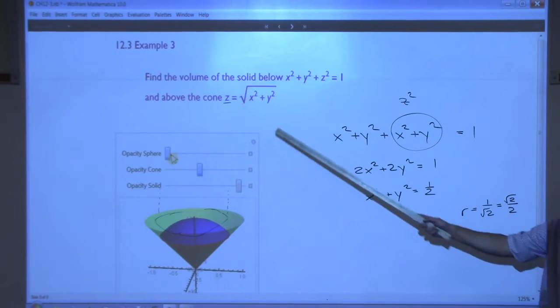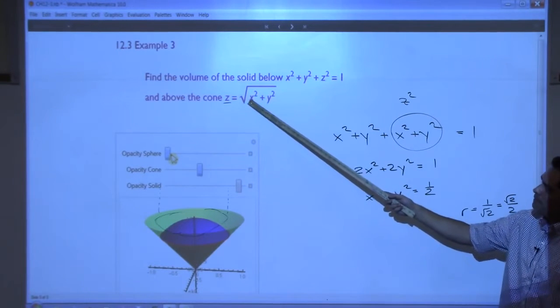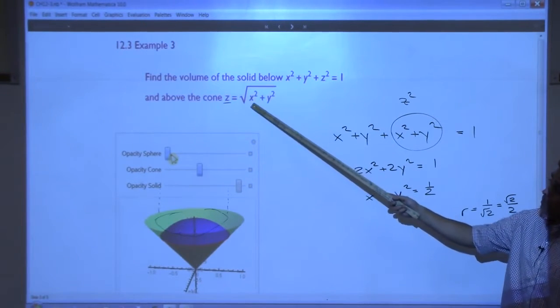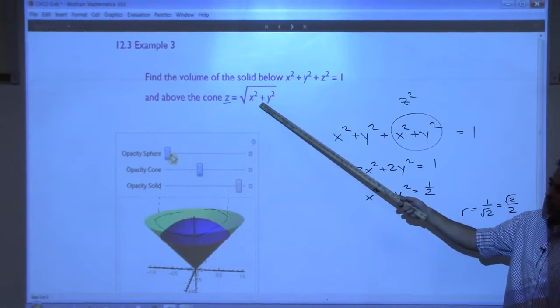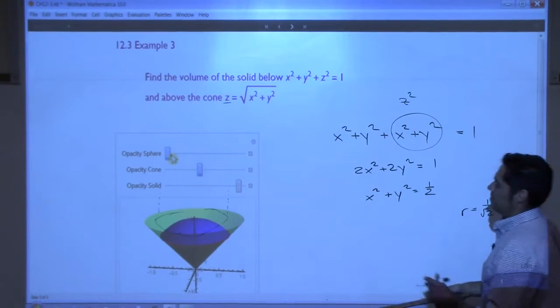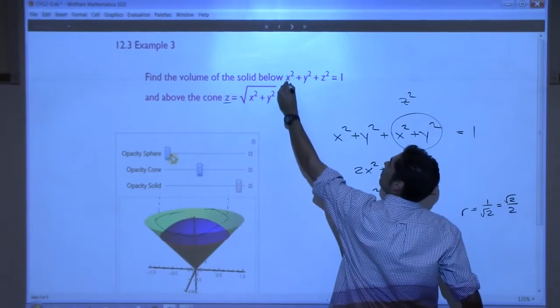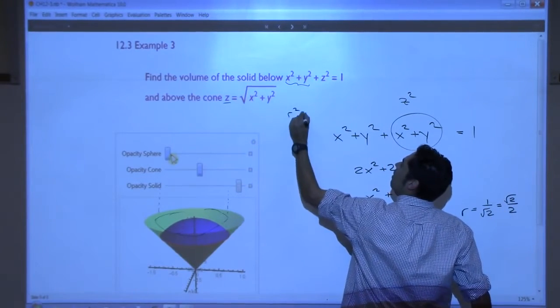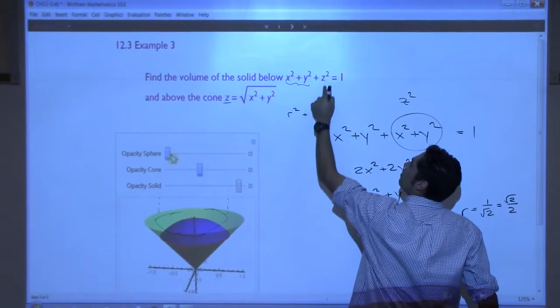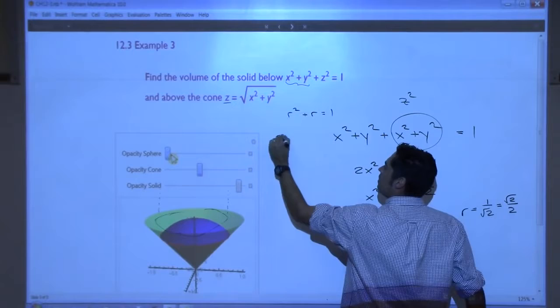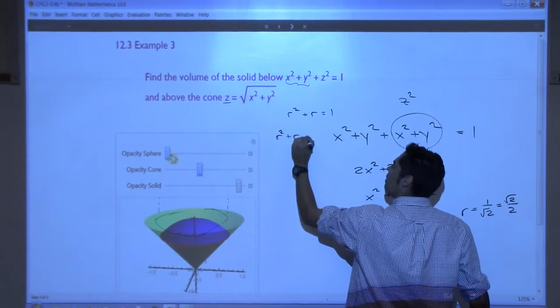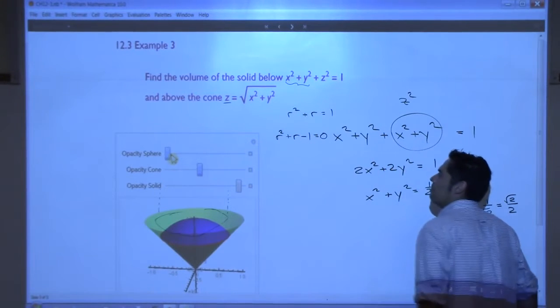Then I could just replace x squared plus y squared with what here? R squared. And square root of r squared would be r. And so I could replace this. That first equation becomes what? R squared plus r equals 1. That's a quadratic equation. R squared plus r minus 1 equals 0.